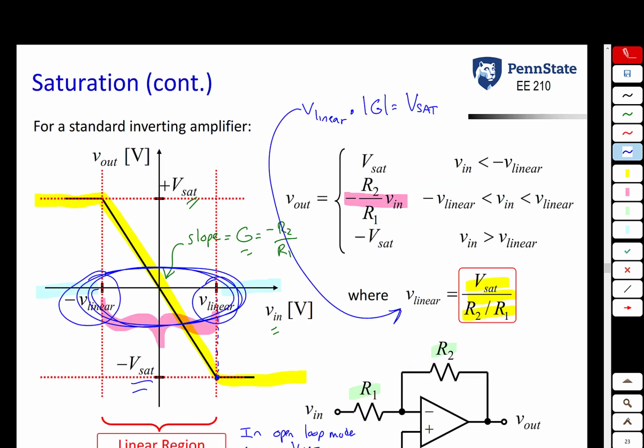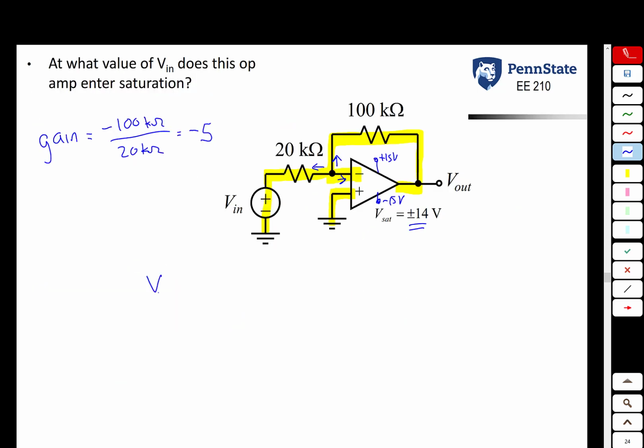From the previous page, V linear is V saturation over R2 over R1. So V linear in this case is 14 volts over 5, or 14/5 of a volt.